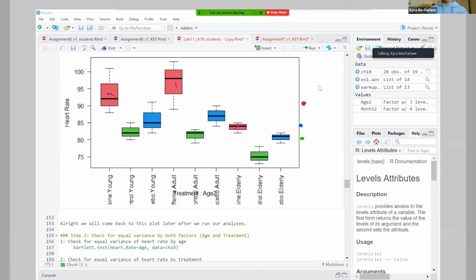So regardless of age group, caffeine creates a higher heart rate than control and placebo. Placebo has a higher heart rate than control but a lower heart rate than caffeine, and the control has the lowest average heart rate altogether.